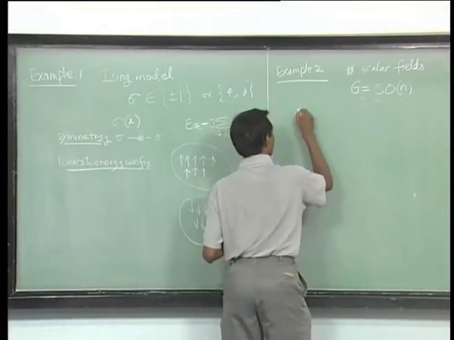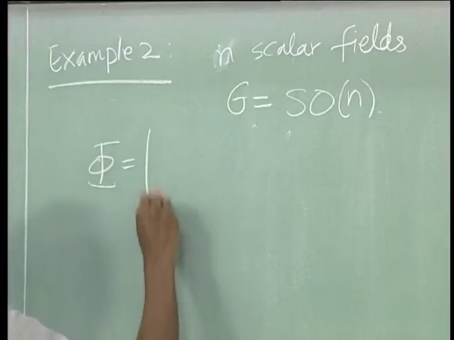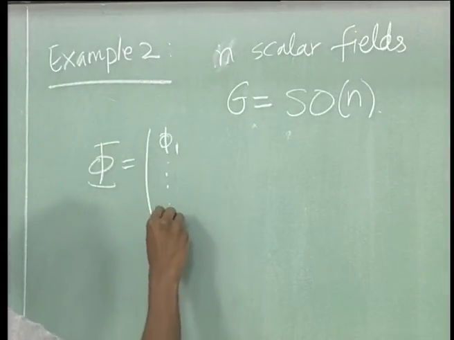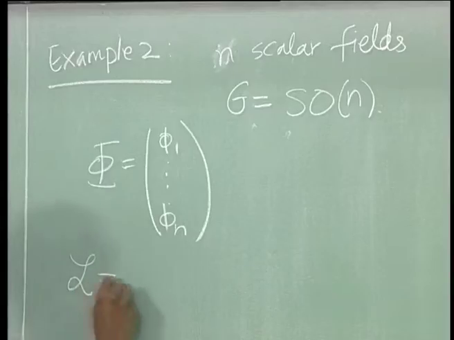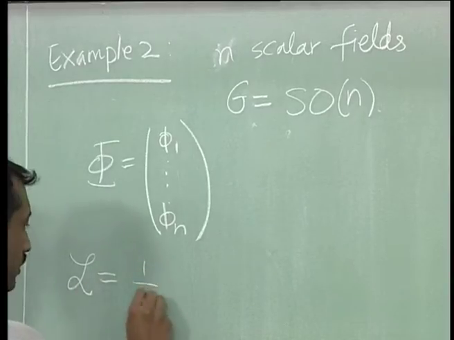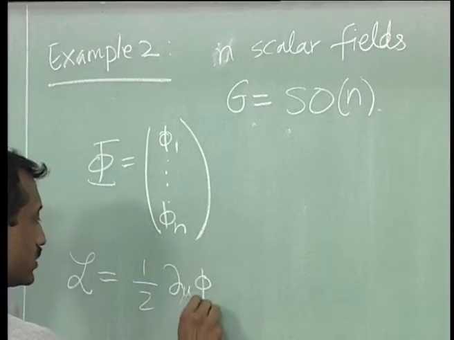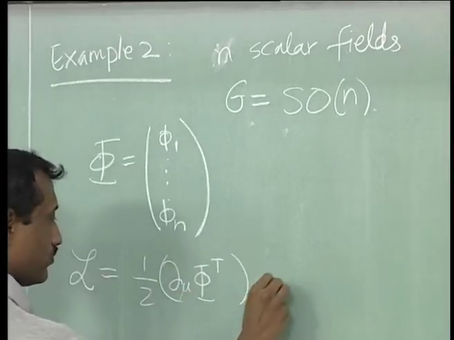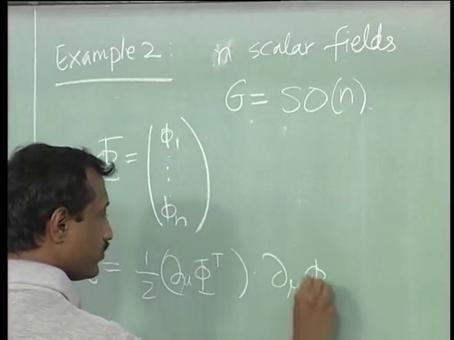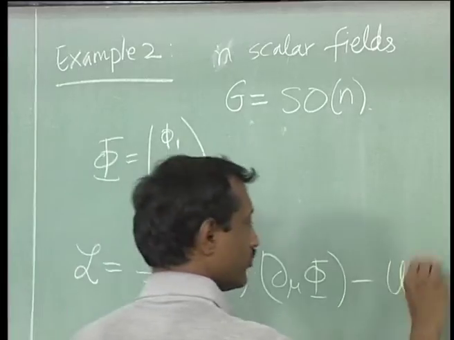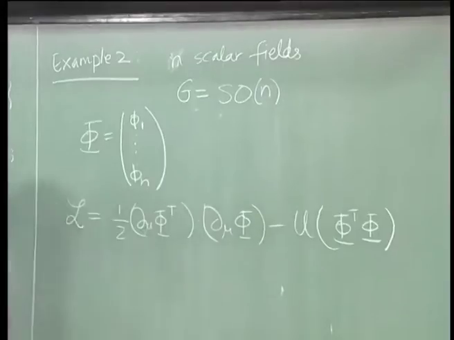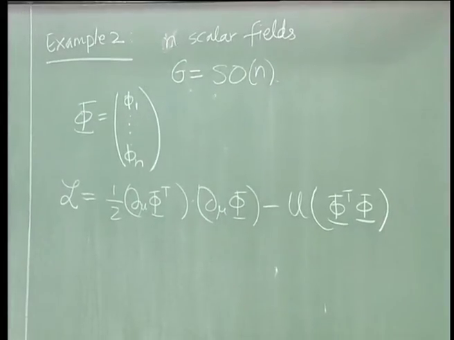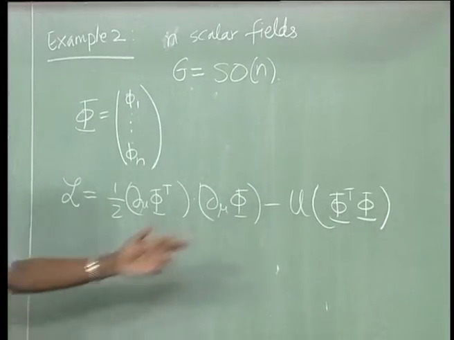So let us just take n scalar fields and I write them as an n-tuple, and then choose a Lagrangian which is SO(N) invariant. So, it is just... so what is phi transpose phi?